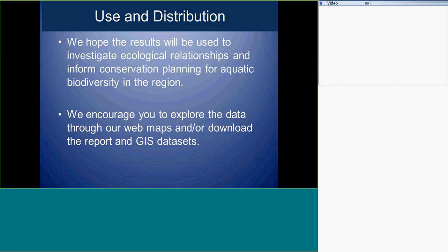So we hope these results will be useful to the managers and conservation planners in the region. We hope it will help investigate ecological relationships and inform better conservation planning for aquatic biodiversity across the region. We encourage you to explore the data through the web maps and download the data and report.